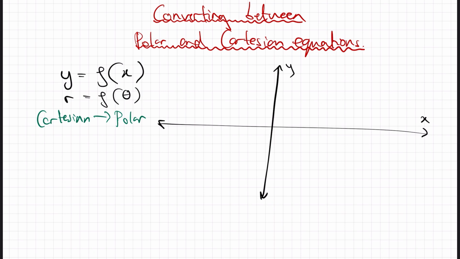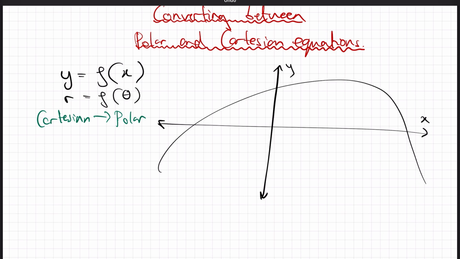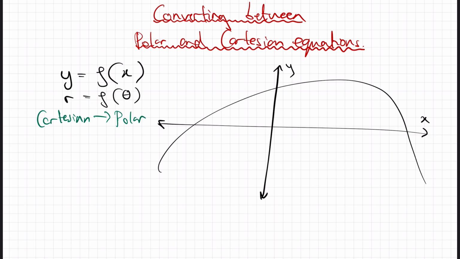So this is our function y equals f of x, and we want to get it into the form r equals f of theta, where r is the radius and theta is the angle it makes. We can look at any generic point here, and let's call it (x, y). We want to work out what this distance r is in terms of x and y.